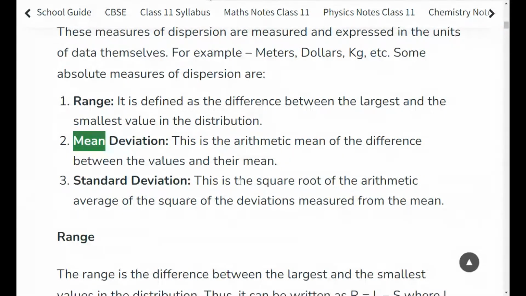So we are saying this is the arithmetic mean of the differences between the values and their mean. How the average value is deviating from all the other values. Standard deviation. This is the square root of the arithmetic average of the square of deviation. Yesterday we saw deviation is measured from its mean.